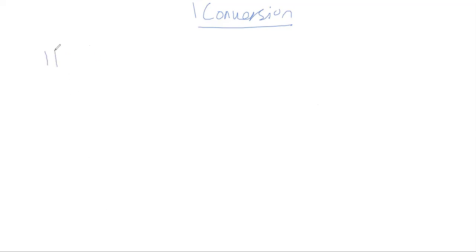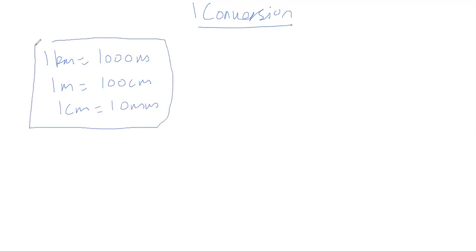So 1 kilometer is equal to 1,000 meters, right? 1 meter is equal to 100 centimeters, and 1 centimeter is equal to 10 millimeters. Right? Clear? Everybody knows this stuff. Okay? 1 kilometer is equal to 1,000 meters, 1 meter is equal to 100 centimeters, and 1 centimeter is equal to 10 millimeters.